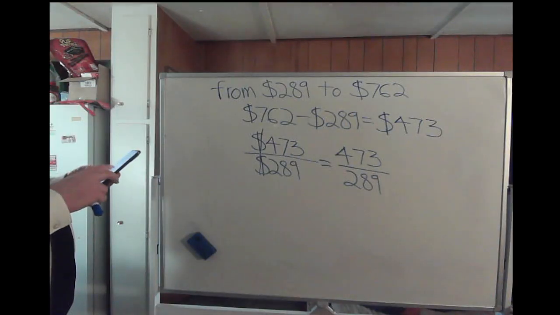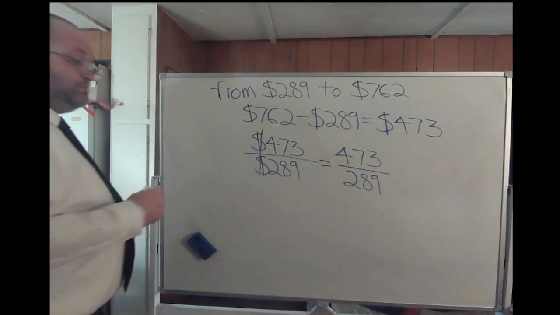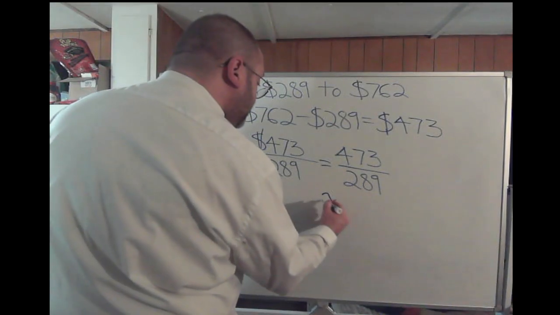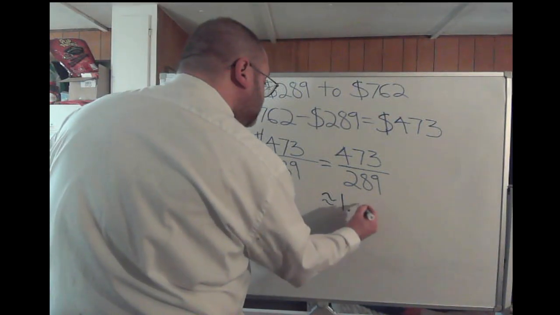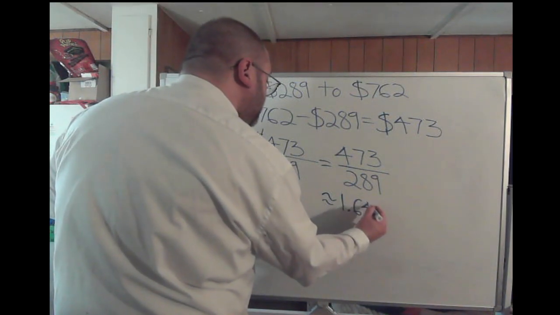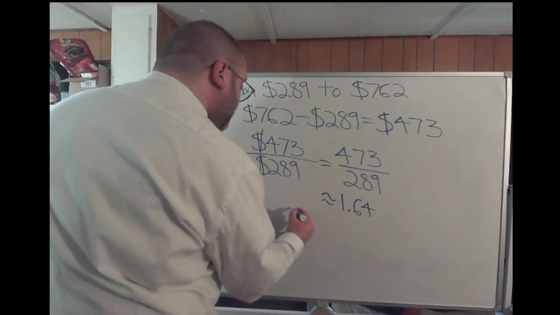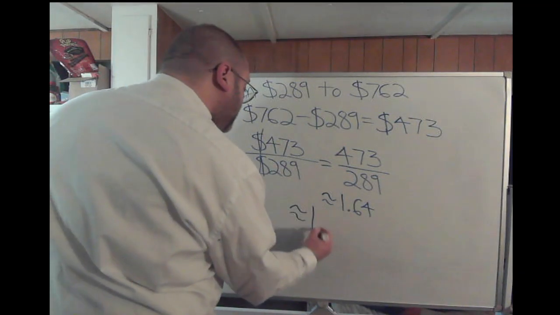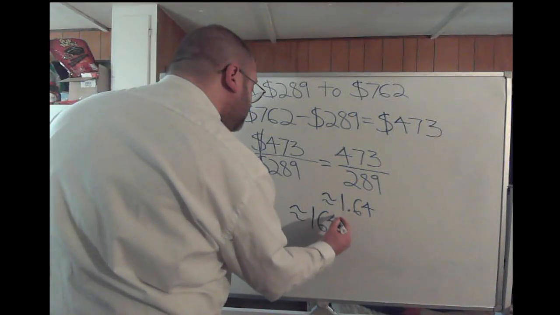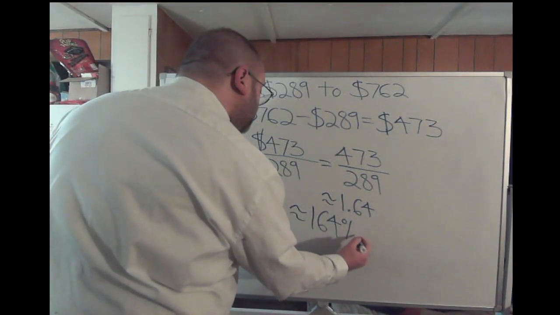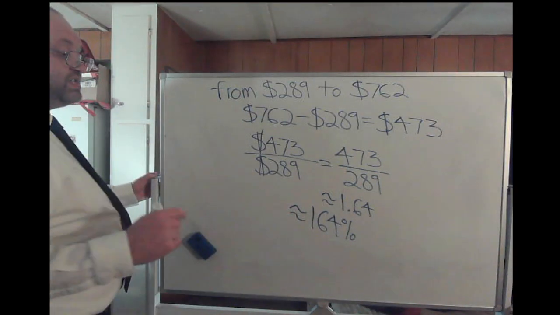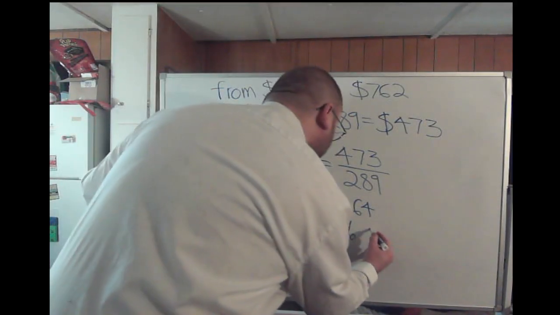Let's find that out. 473 divided by 289. As a decimal, that's approximately 1.64. That's as a decimal, which means as a percent, that would be approximately 164%, and of course it's an increase.